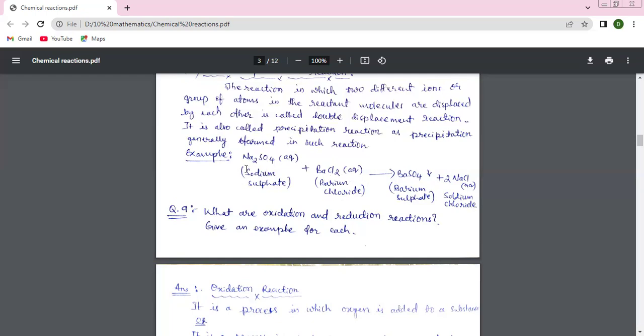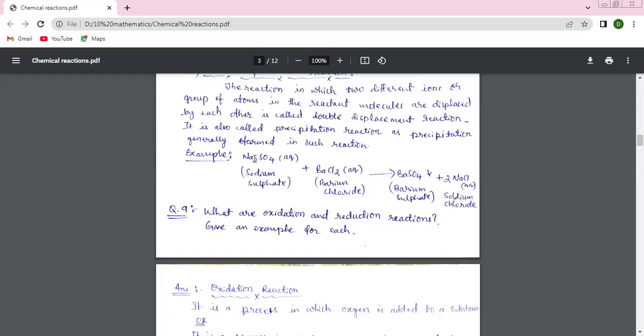When you mix these two together, products are formed: barium sulfate, plus 2 NaCl, sodium chloride. See here what happens: sodium replaces barium, and they change their positions. Instead of sodium sulfate, barium sulfate is formed.